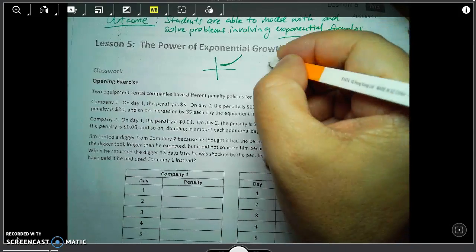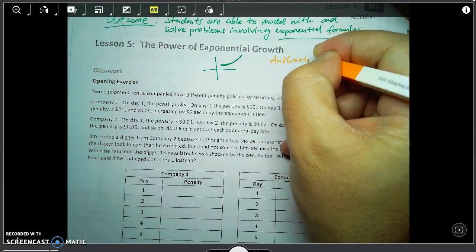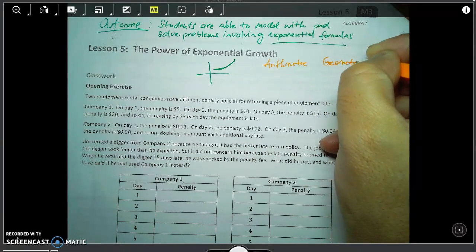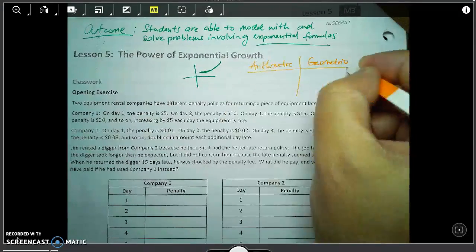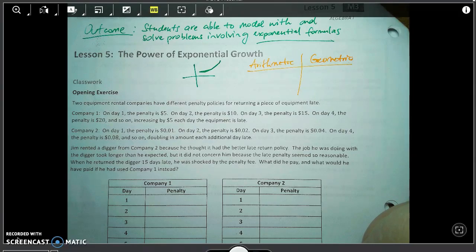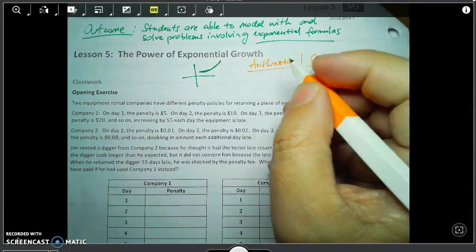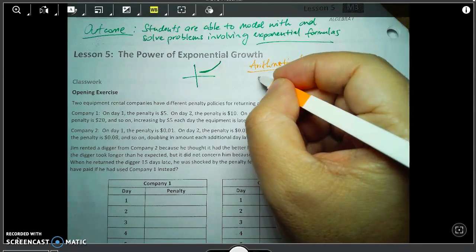We talk about arithmetic and geometric sequences. When we talk about arithmetic, we are looking at something that can be added.